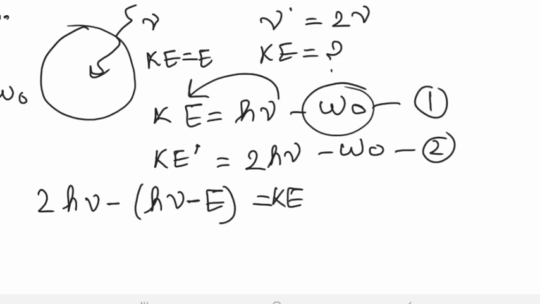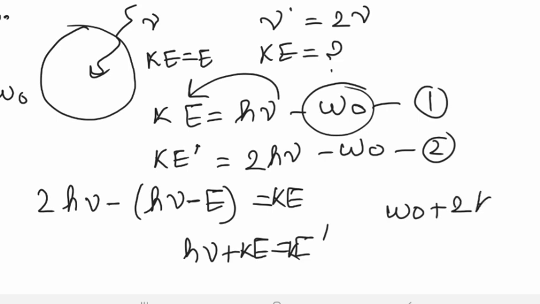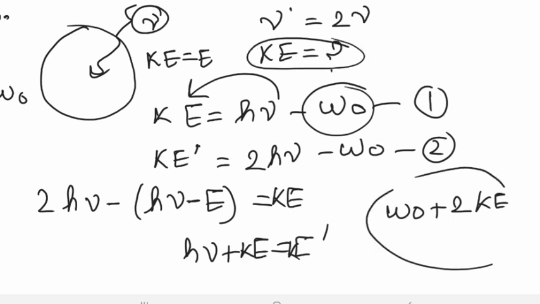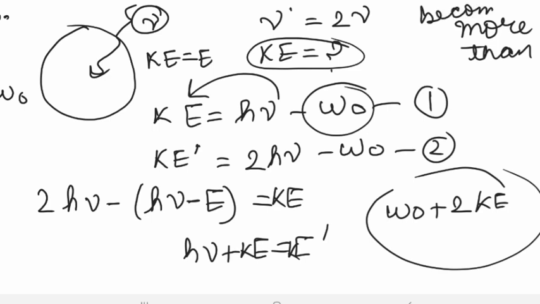Afterwards we see that h nu plus E, that is h nu plus KE, equals KE dash, which equals the work function plus twice the kinetic energy. This means if we are doubling the frequency, the kinetic energy will not just double, it will become more than double.